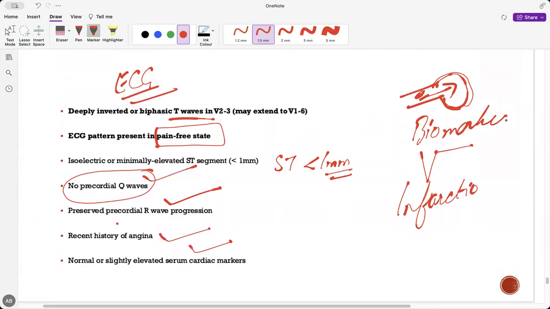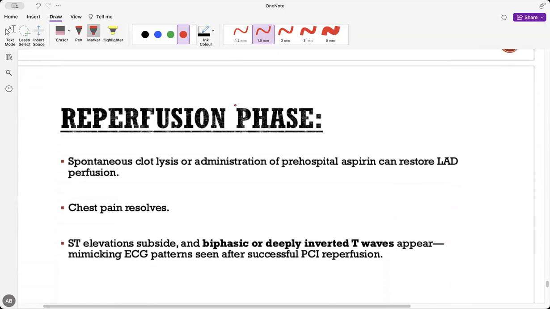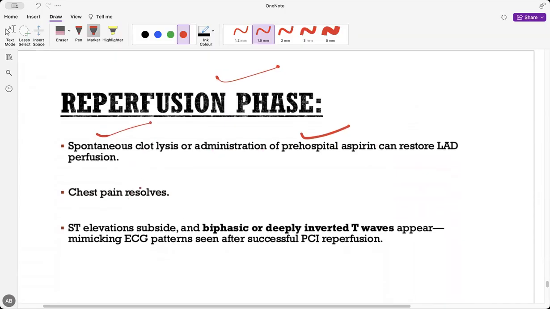Coming to the step-by-step mechanism. The initial event was transient left anterior descending artery occlusion, as we discussed. Then there is a reperfusion phase, either because of spontaneous clot lysis or administration of pre-hospital aspirin, which can restore LAD perfusion. So chest pain usually resolves.